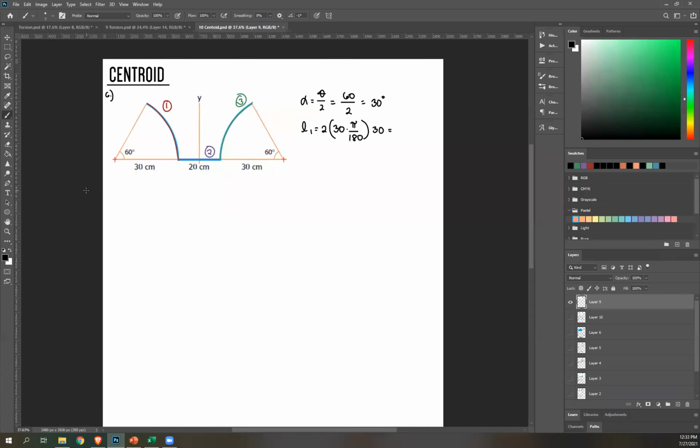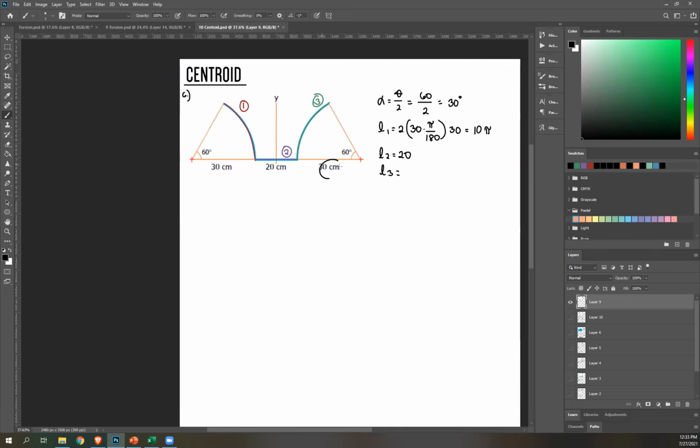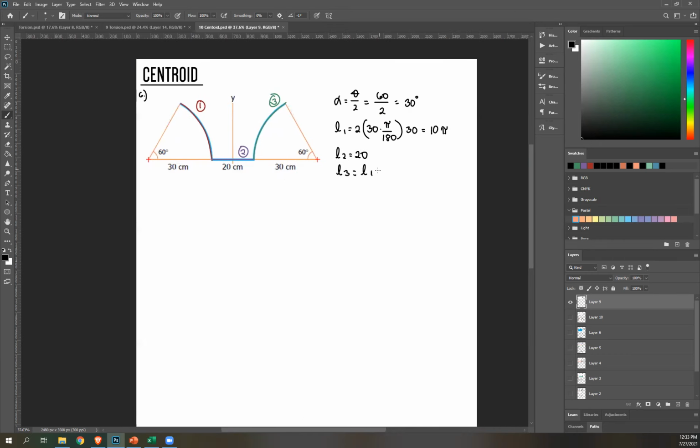It's 10 pi. I'm writing 10 pi just so I don't have to store the decimal in our calculator. Next, length 2 is easy. That's just 20. And then length 3, it's the same as your length 1, right? Same r, same angle. You can just copy. It's equal to L1, and that's 10 pi.